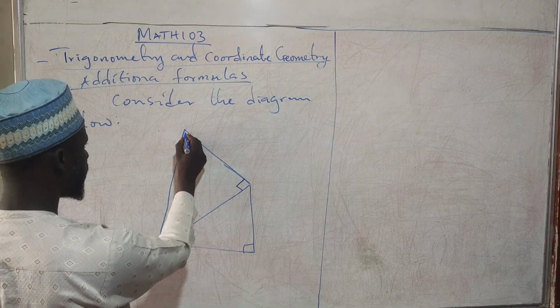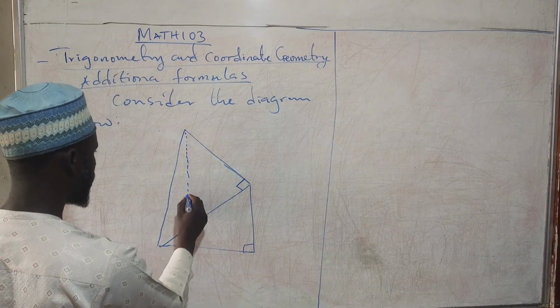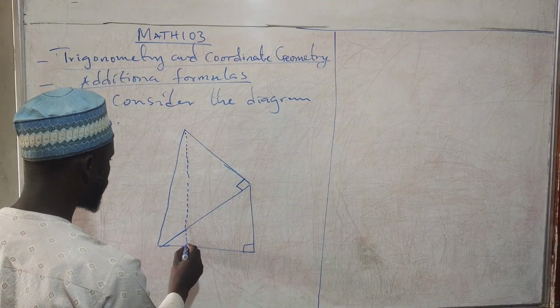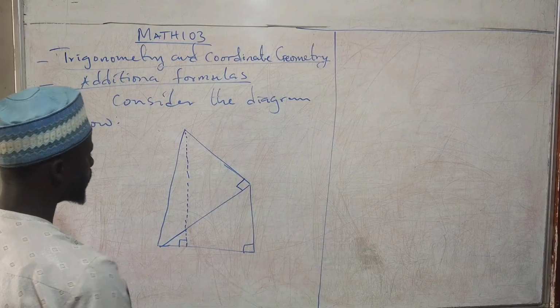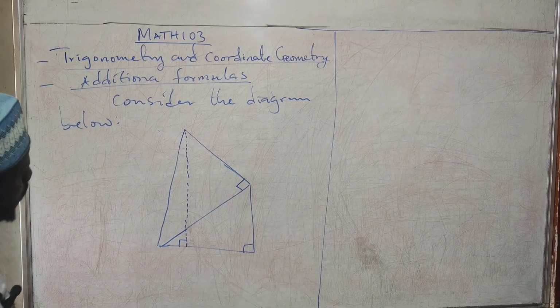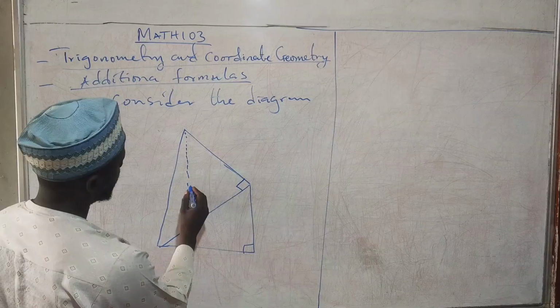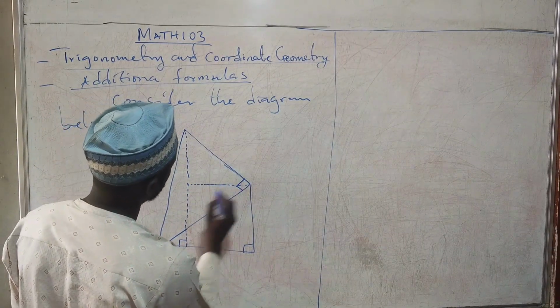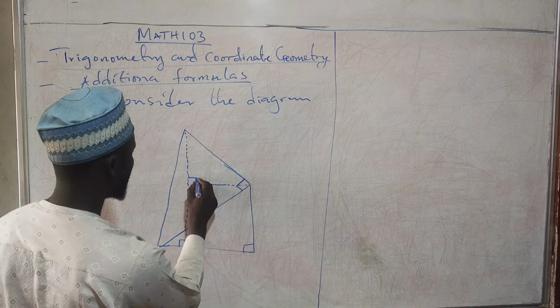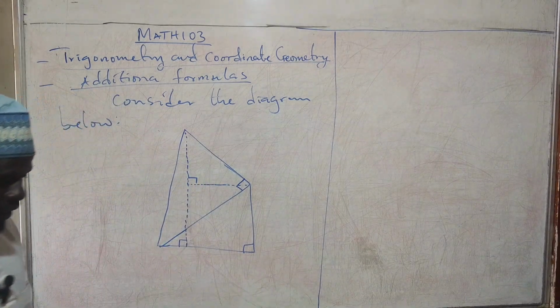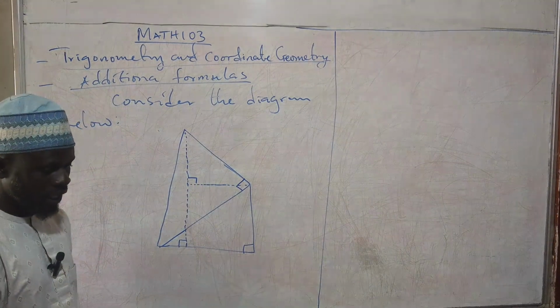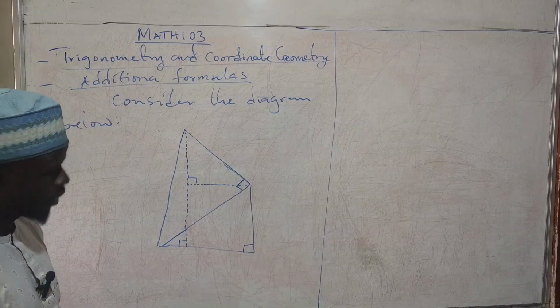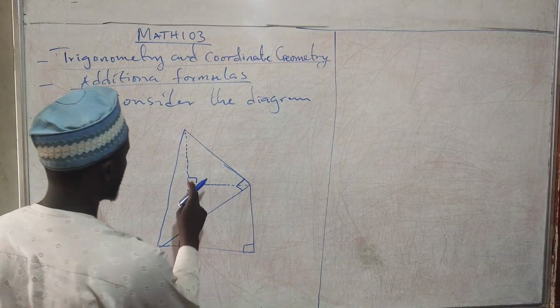And then we draw another right angle triangle. We have another right angled triangle here.